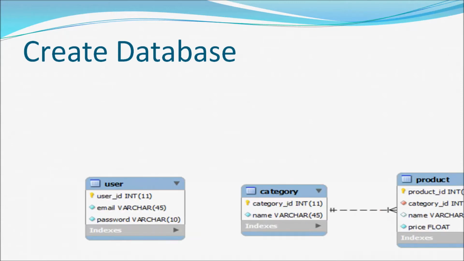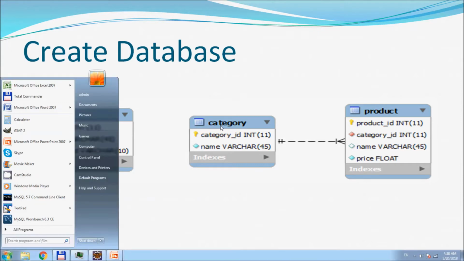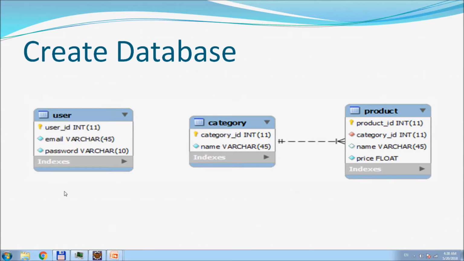Now let's create a database. In this video tutorial, I use MySQL database, and I'm going to create a MySQL database with these three tables. You can see user, category, and product. I use MySQL Workbench to create the database.